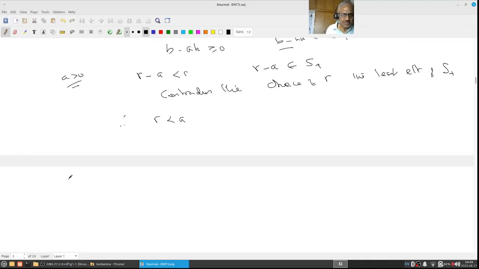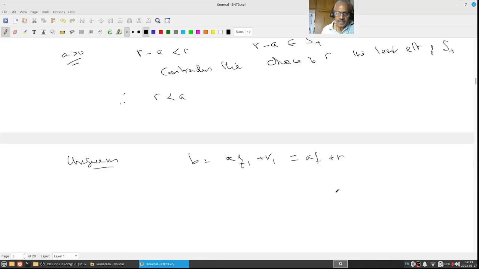Then the uniqueness part is exactly like last time. Suppose b equal to aq1 plus r1, which is also equal to aq2 plus r2. Assume that, without loss of generality, r2 is greater than r1. Claim: r1 equal to r2.